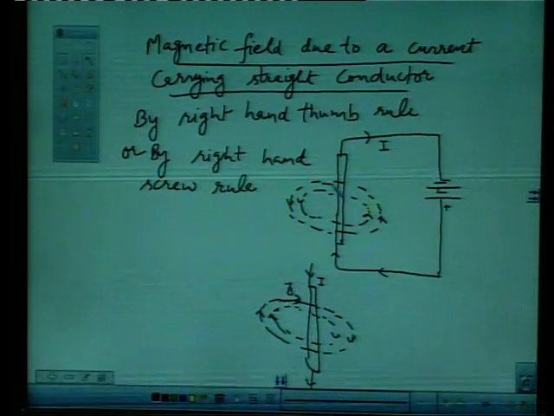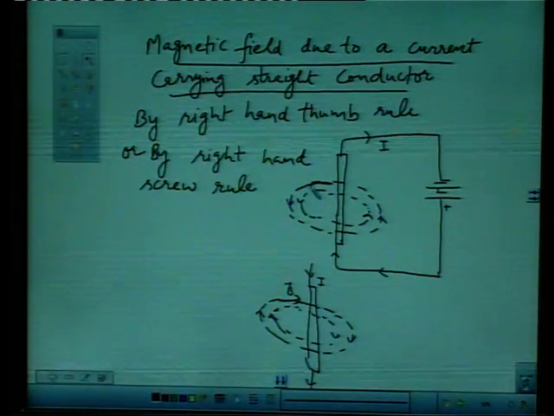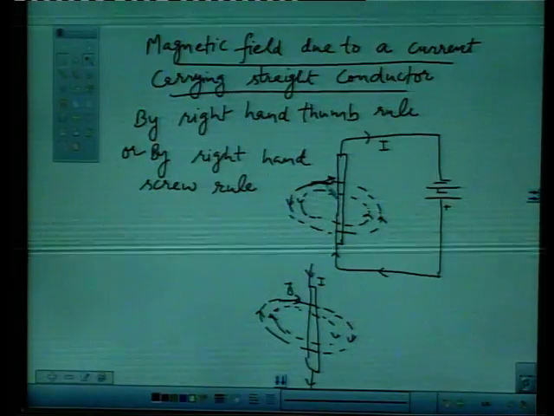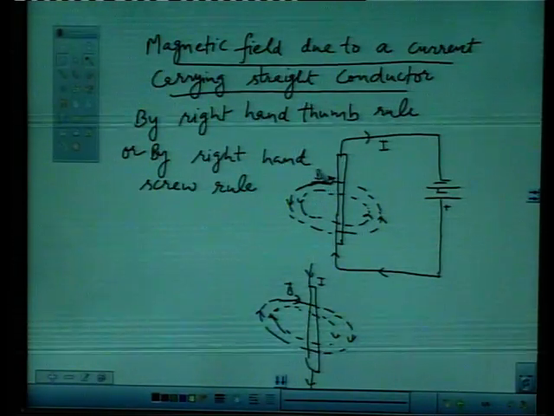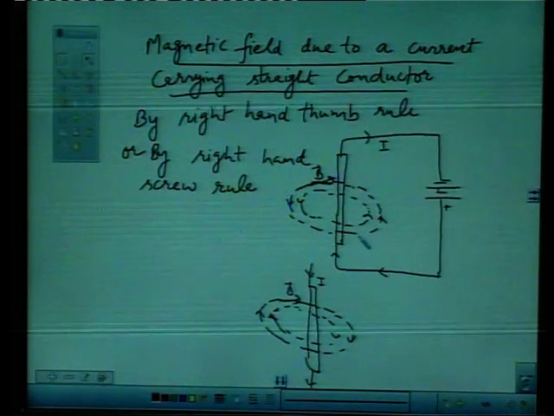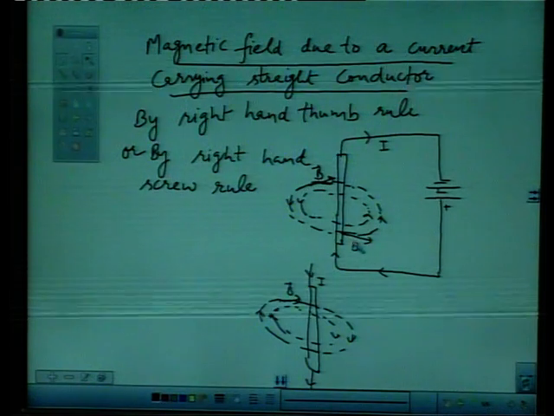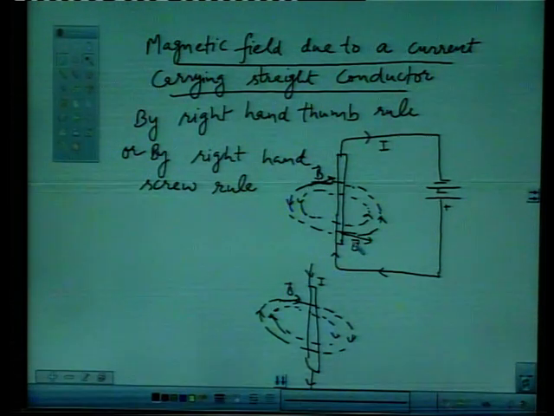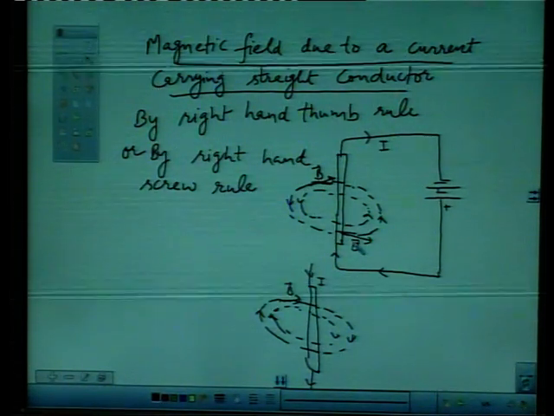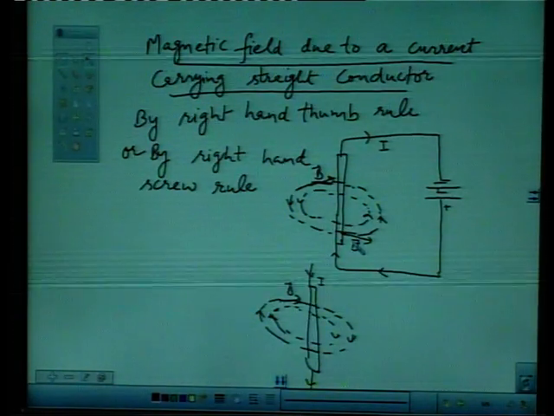So, let us suppose we have to find the magnetic field at this point and we draw a tangent. This gives us the direction of magnetic field at this point. Similarly, at any point we can find the direction of magnetic field with the help of this tangent. So, this direction will be different at all the points of the straight current carrying conductor.